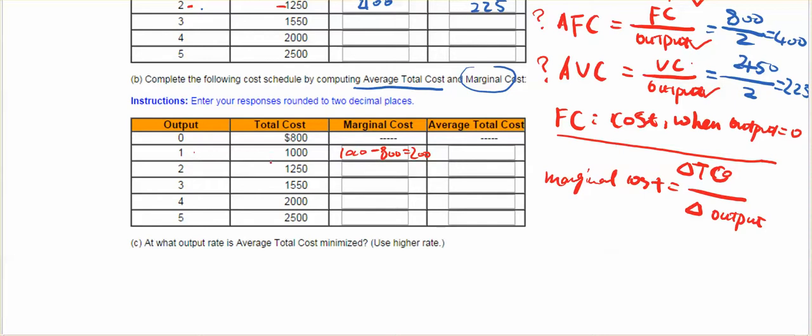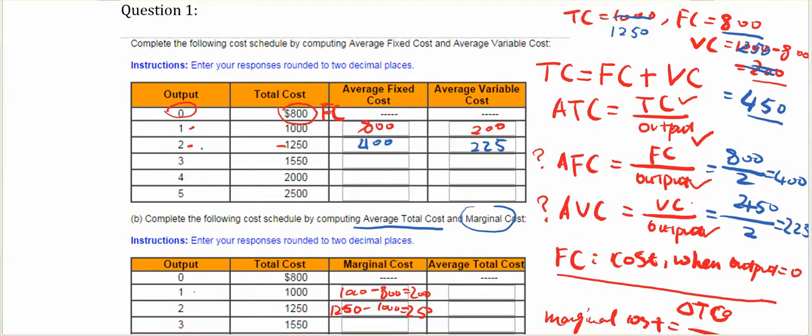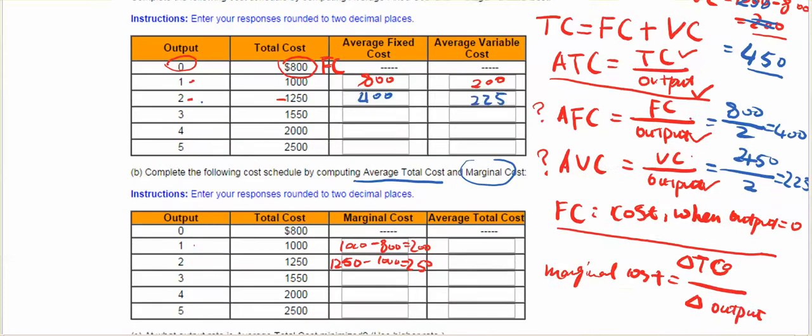How about the second output? When the production increases to 2, the total cost becomes 1250. What's the change from one output to two outputs? You use 1250 minus 1000, so you got $250 as the marginal cost. And the average total cost we just mentioned equals the total cost divided by the output.